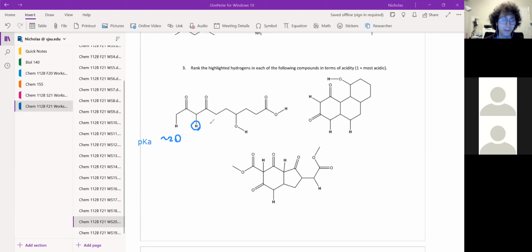Just put it on a flashcard, memorize it, because this will probably come up. This one's about 10 or 11, somewhere around there, when it's alpha to 2 carbonyls. What about in an alcohol hydrogen? This is an older one, but you should still remember it.